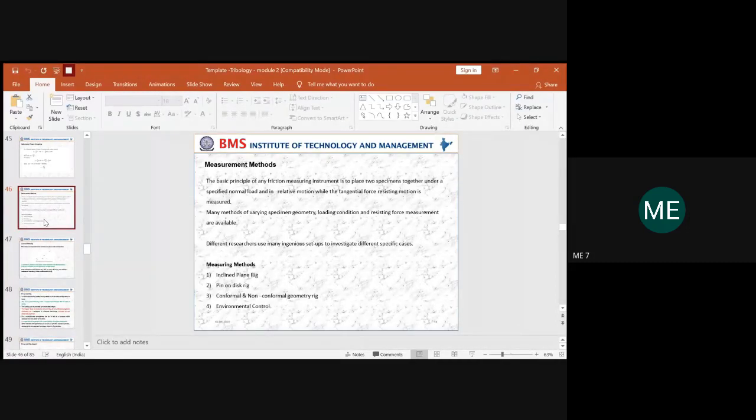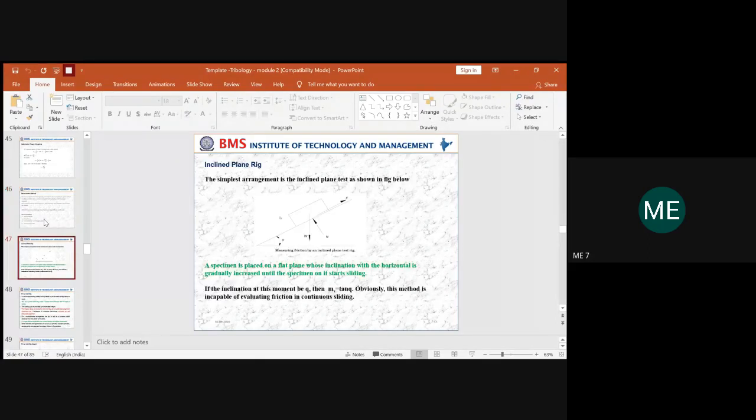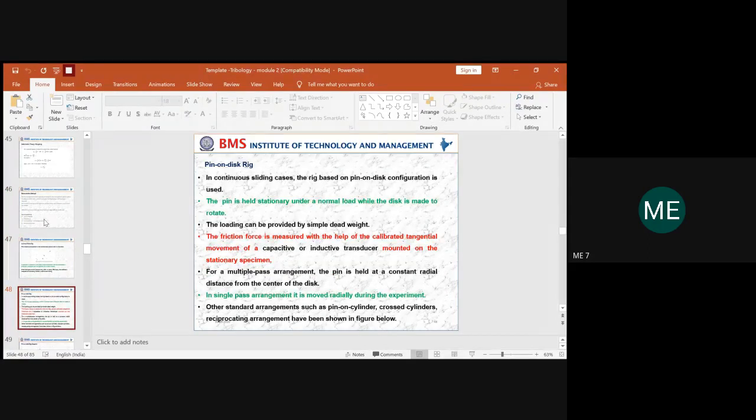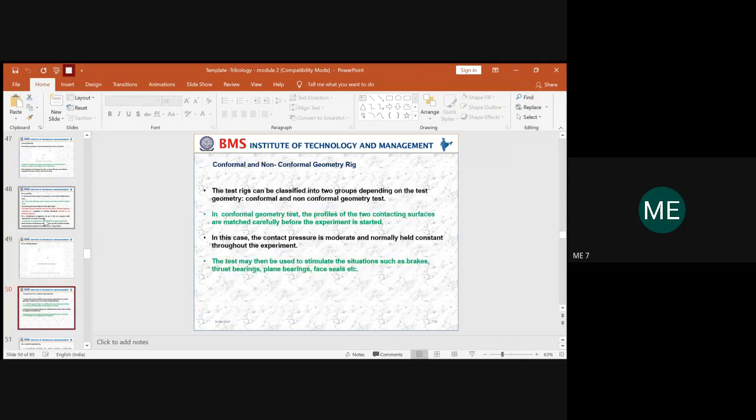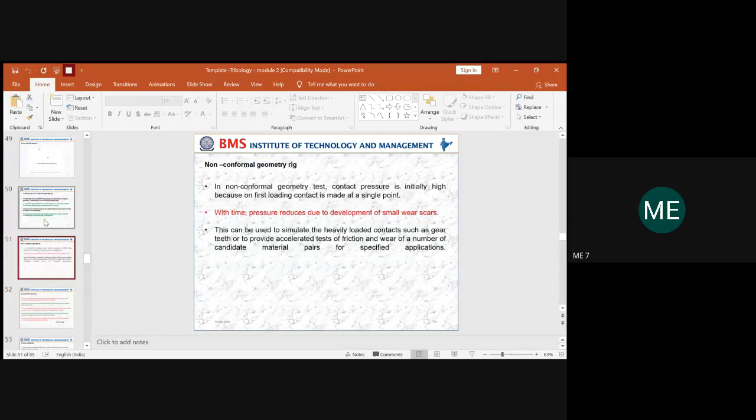So we dealt with all four methods. We started with the inclined plane rig method, then the pin on disc rig, and then the conformal and non-conformal geometry rig, and why and when we use these.